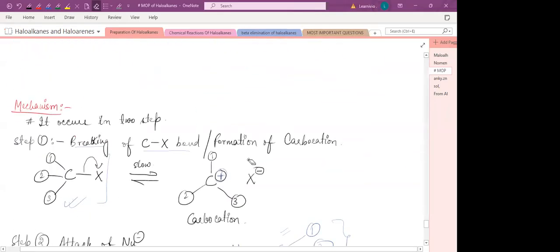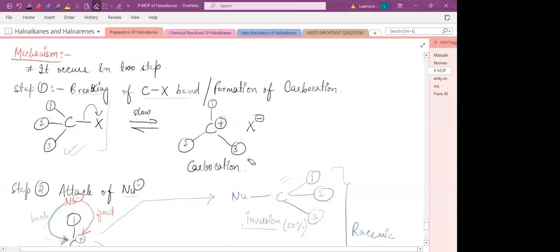Done. Okay, just write down the mechanism and try to do it by yourself.